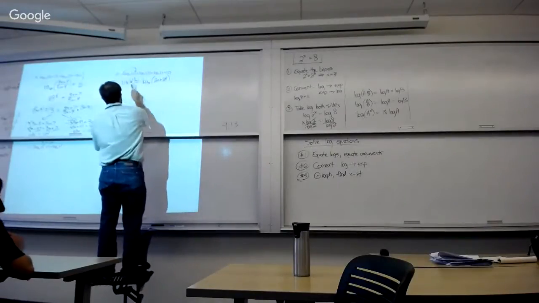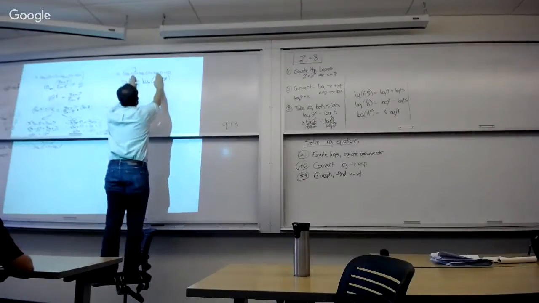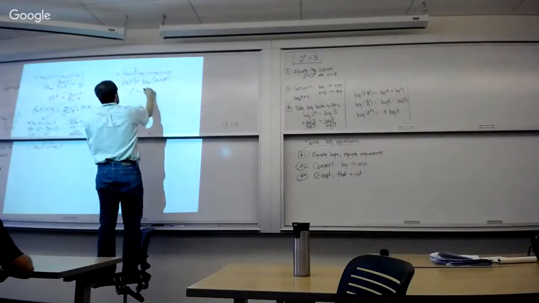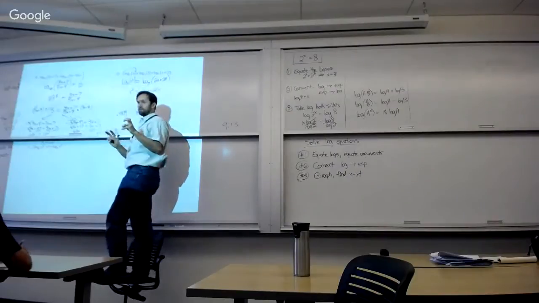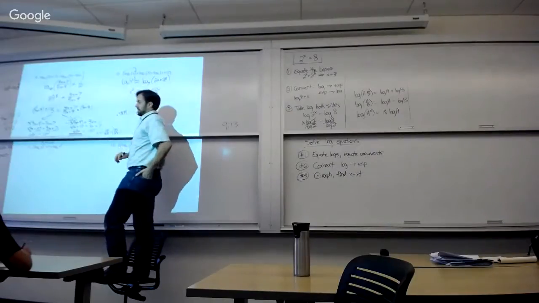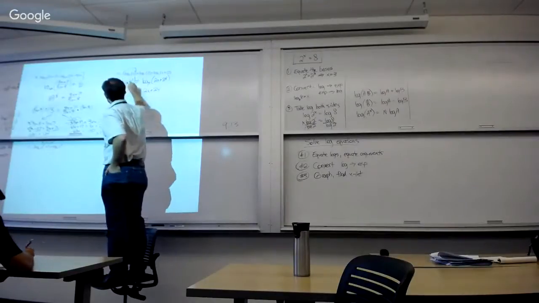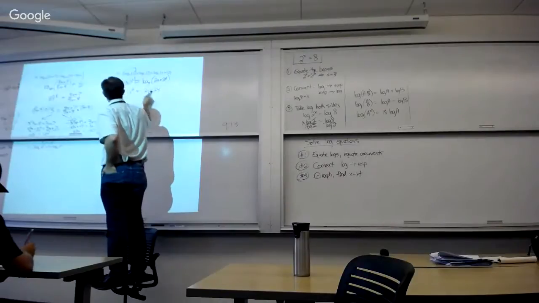Since this is log base 7 and this is log base 7, whatever is underneath my hand right here must be equal to each other, and therefore x squared must be equal to 2x plus 24. So we're not just dropping the logs. That would not be the right way to say it. We're stating in a logical way that the log base 7 of this equals log base 7 of this, therefore this and this must be the same, and therefore we can equate them.